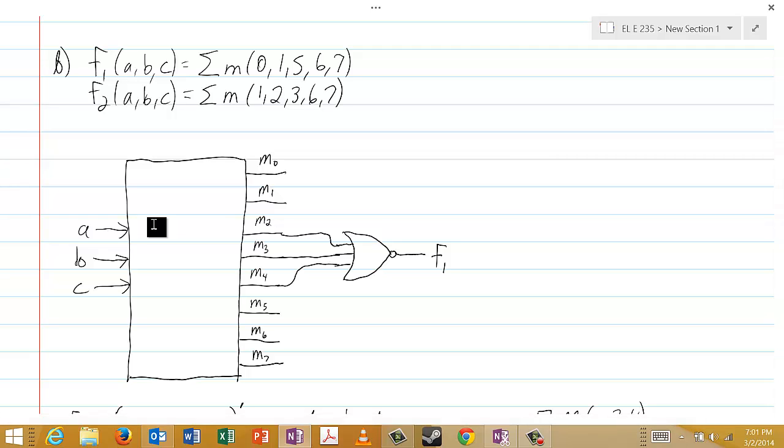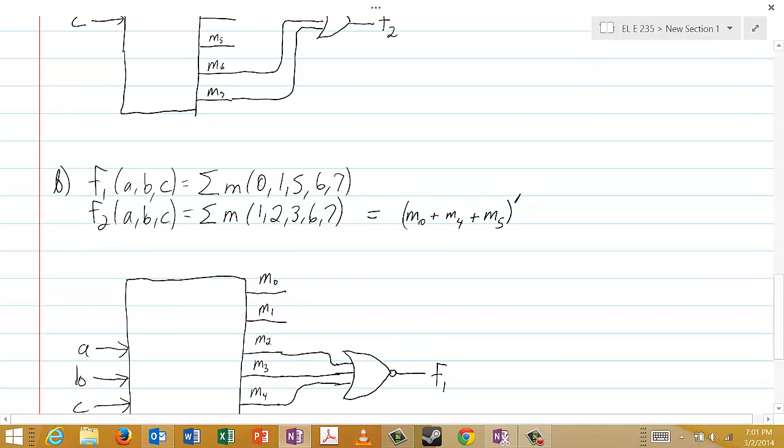Okay, I hope that you had a moment to think about F2, and we'll conclude that F2 can be thought of as the NOR of little m0, little m4, and little m5. We want to NOR those together.